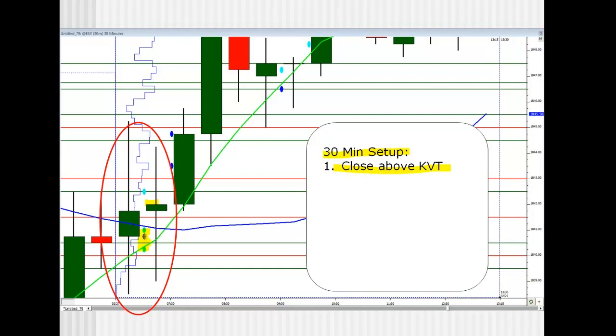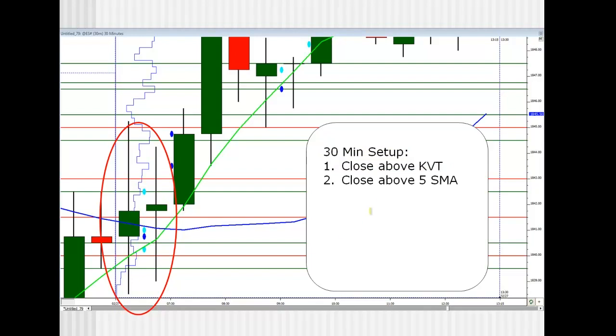After all, here we have 3 different levels that we've identified, 2 level 1s and 1 level 2. Here we only have a single level 1. So we want to make sure that we get a close above the bulk of our KVT activity. And we have that in this case.